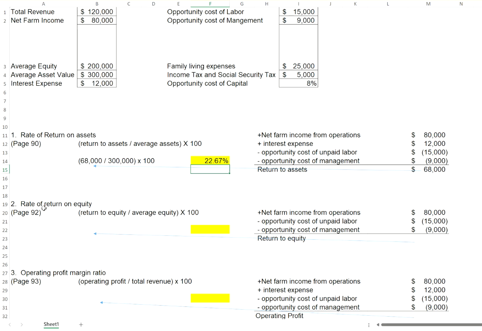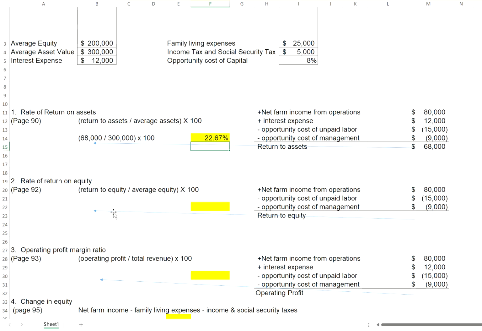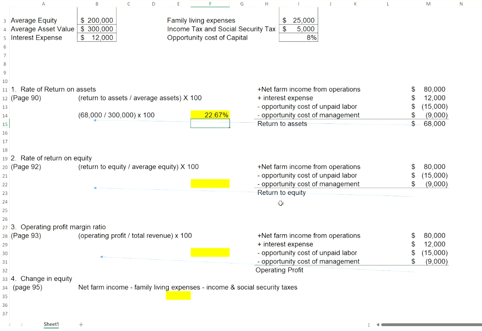Next, on page 92, the rate of return on equity. I first of all need to calculate my return to equity. Again, given is a net farm income of $80,000. I subtract out the opportunity cost for labor and the opportunity cost for management. When I do my calculations, I come up with return to equity of $56,000.